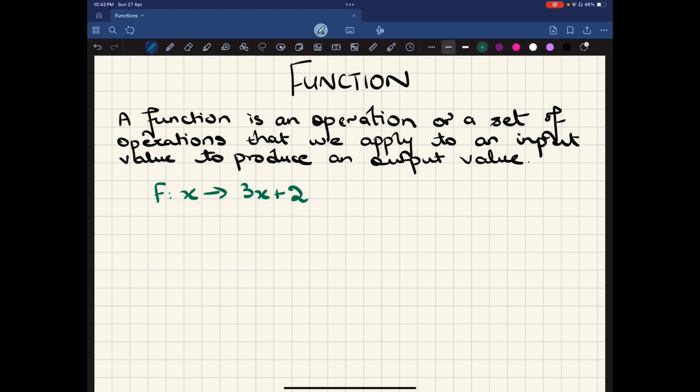But it is more commonly written as f of x is equal to 3x plus 2. It's exactly the same thing. So we read this as f of x is equal to 3x plus 2. So basically, what is happening?